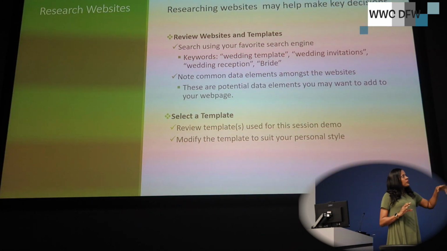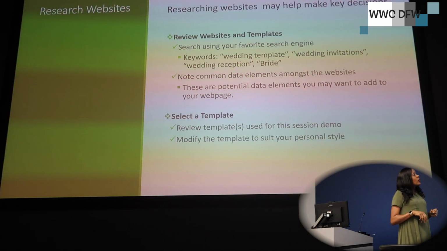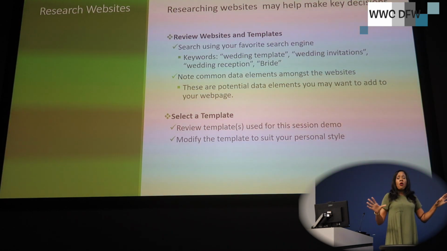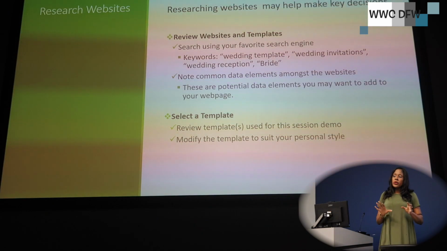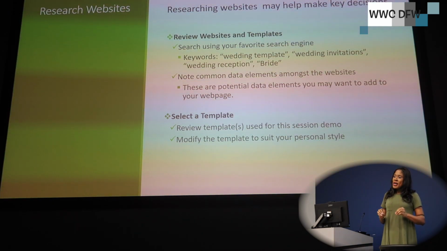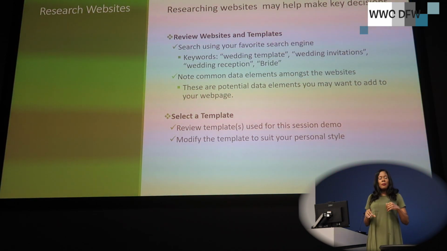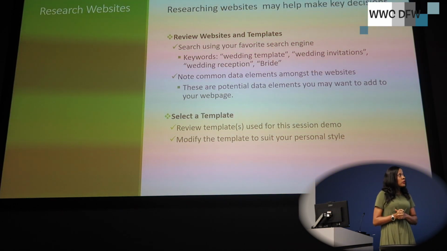You go out there to Google, you put in search words like wedding template, wedding invitation, reception, bride, and you get all of this stuff, right? As you code more, you'll get a little more familiar with those websites that are a really good source. I'm going to try to add stuff like that to the end of this deck so you'll have it. But I use W3Schools a lot.